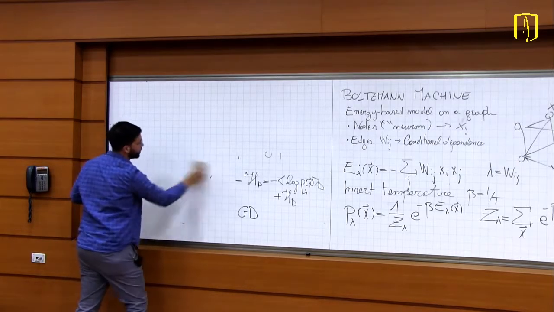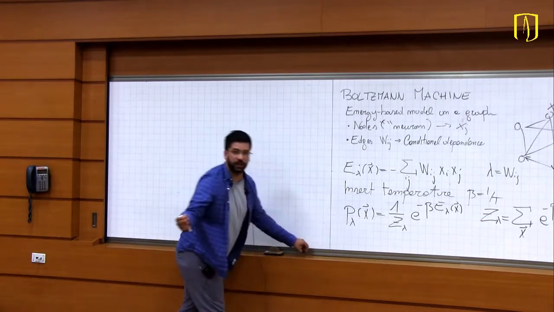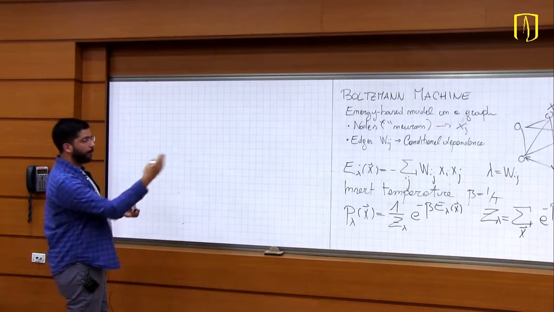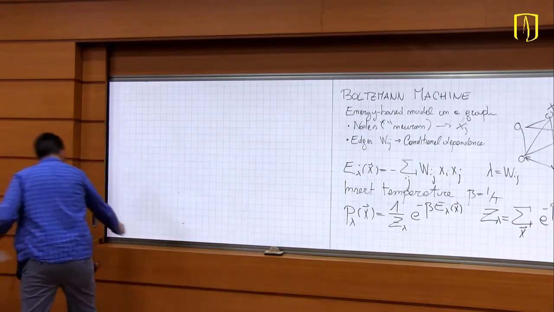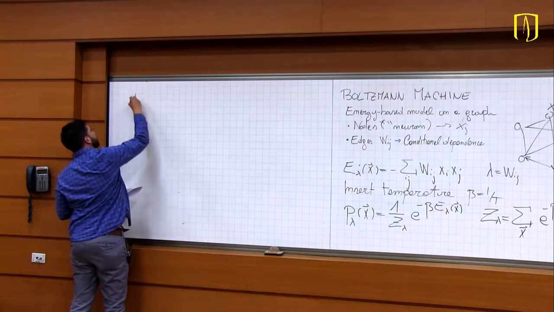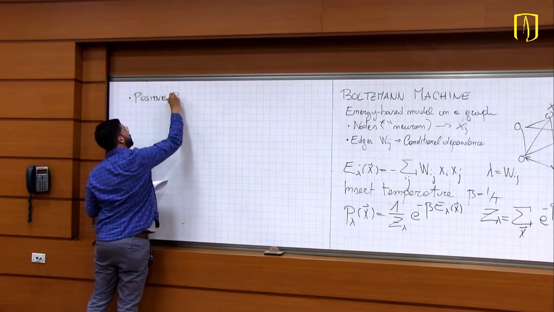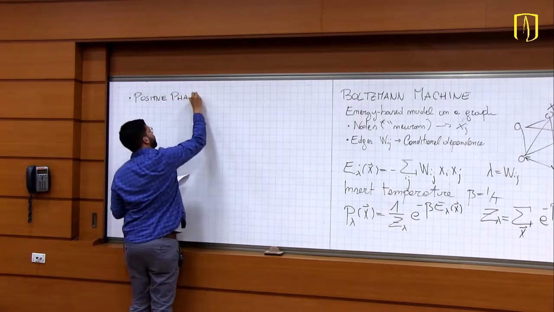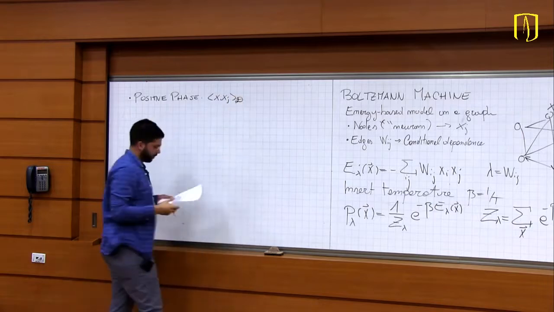You just do that sum on the data points that you have, which is the size of the data set, not exponential, but the other is. Okay, so let's see what it means. Positive phase, that's the xi, xj over the data.